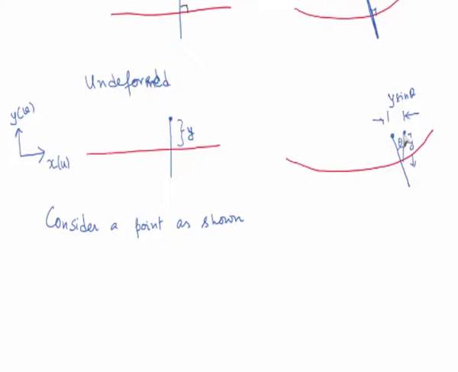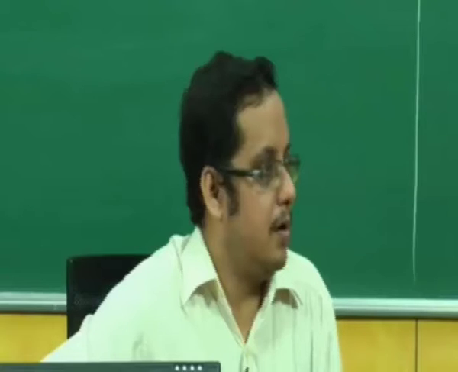But please note that the point has gone in the negative x direction, it has not gone in the positive x direction. Okay. So the deformation of this point is actually minus y sin theta. So u of this point is minus y sin theta. It has gone in the negative x direction.